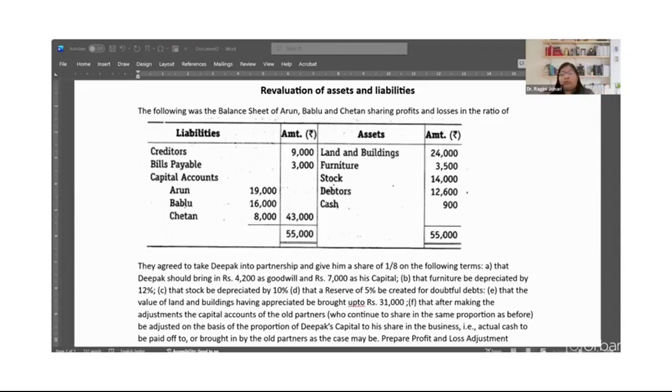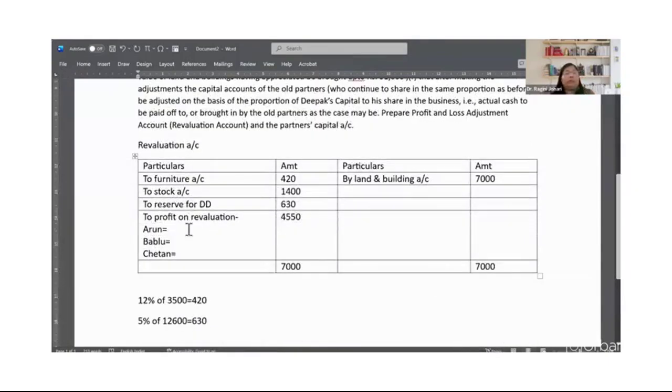So in this ratio, if it is distributed, this amount comes to be, I've calculated, 1,950 for Arun.